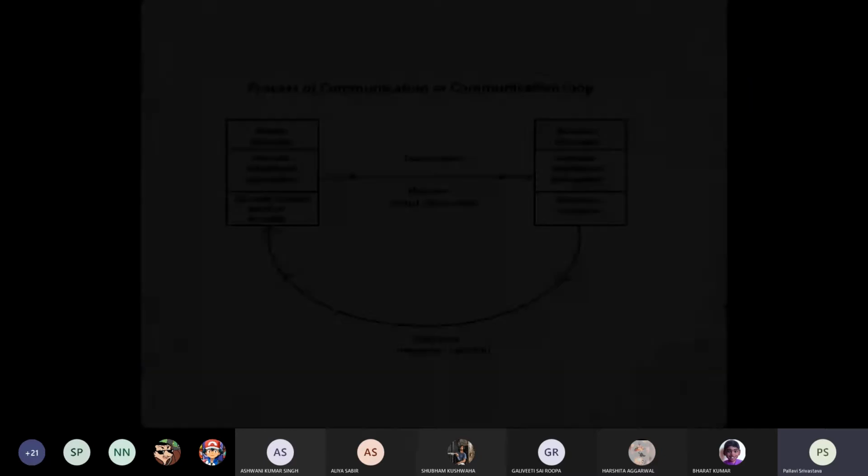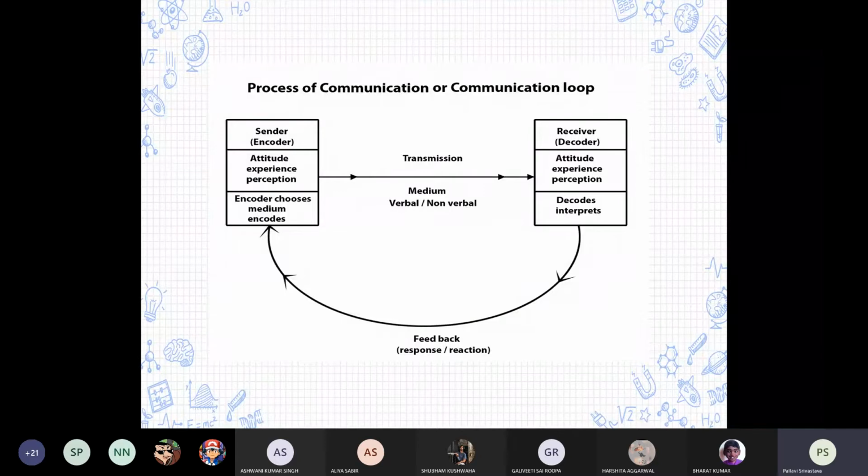So if you look at the picture, you will find out that there was first transmission. There was some kind of messaging. They have sent a message, the other person received the message, and either it can be a negative response or positive response. So there are two ways.